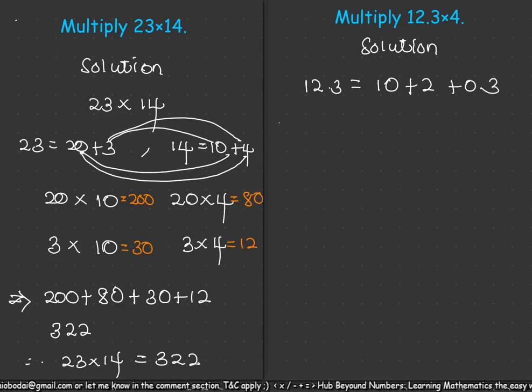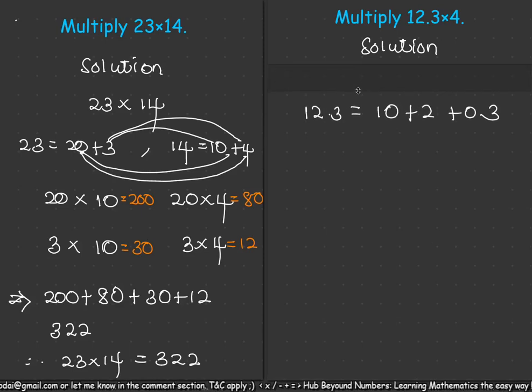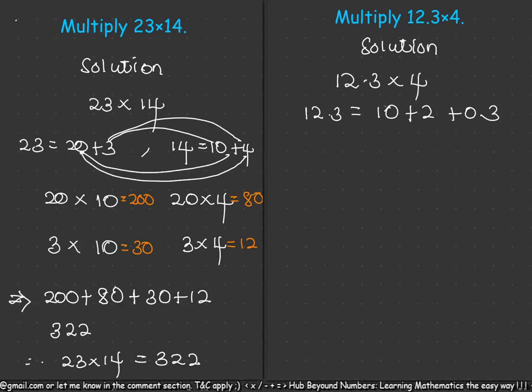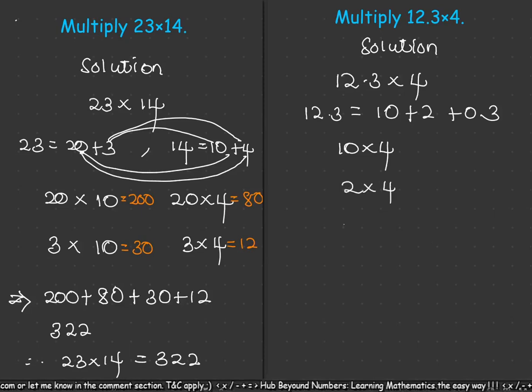Then all we need to do now is multiply each number in the expanded form by the 4. So remember, we have 12.3 times 4. Every number is supposed to multiply the 4. That is 10 times 4, then 2 times 4, and then 0.3 times 4.